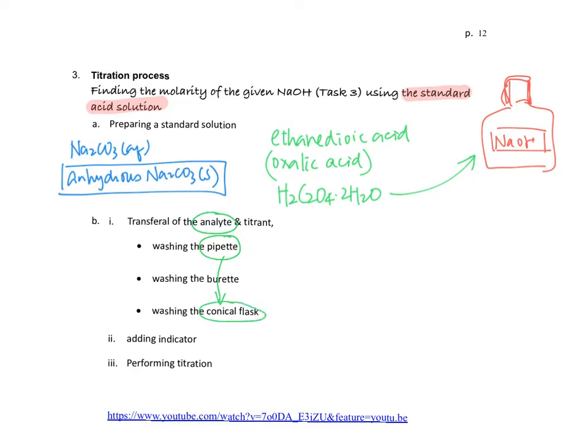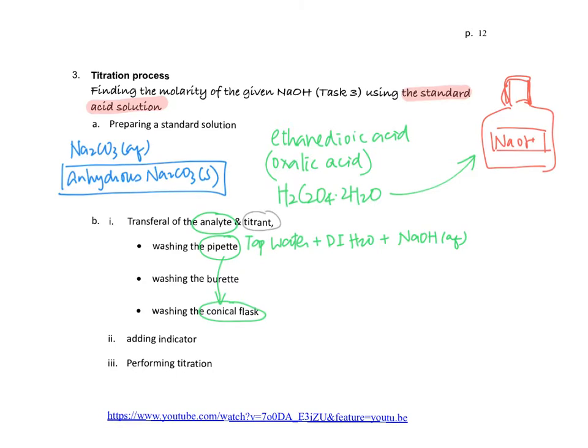Now, our pipette must be rinsed properly, first by tap water and then by deionized water, lastly by the solution to be transferred. So it should be carefully rinsed with a small amount of our sodium hydroxide solution.